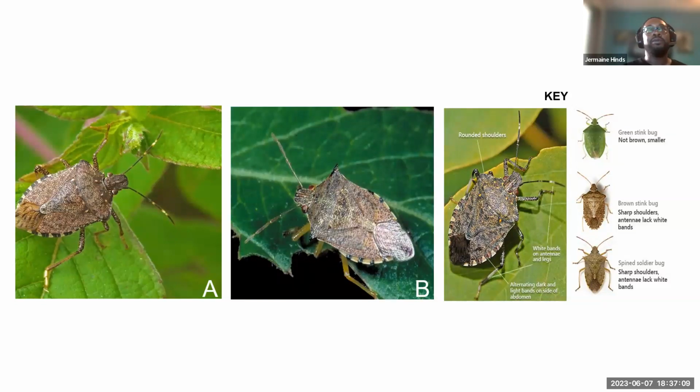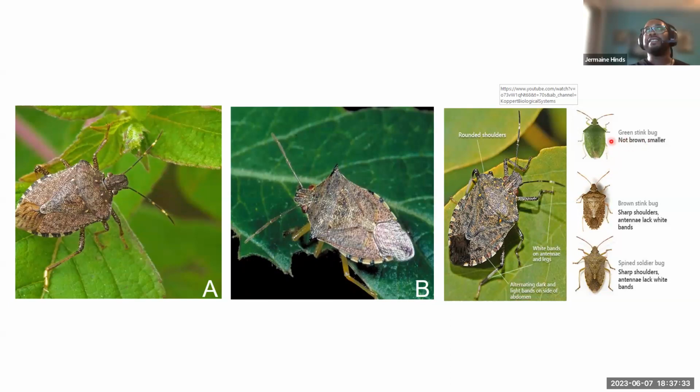For these, we have insect keys. This is the key to stink bugs common in the DC area. This is the brown marmorated stink bug. Some of its characteristics are rounded shoulders, white bands on antennae and legs, and alternating light and dark bands on the sides of the abdomen.